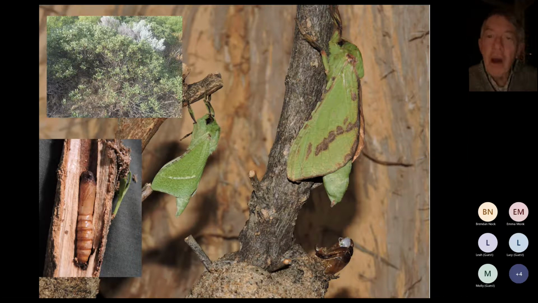She emerges, she flies for the night after mating, drops hundreds of thousands of eggs, and then appropriately dies. She's large. She can be up to almost the size of your hand, and a very dramatic moth indeed. So here we see one of the first examples of animals with an utter reliance on our native vegetation.